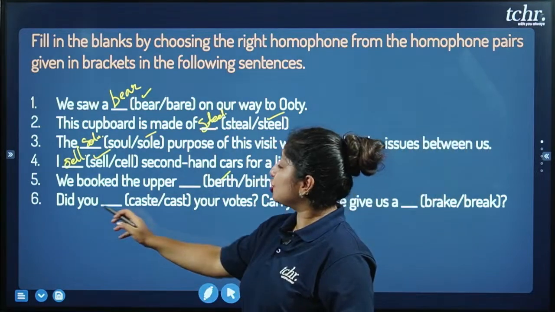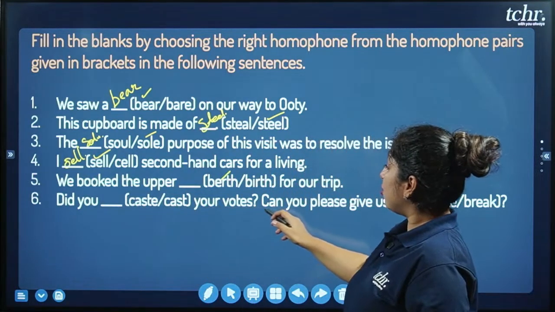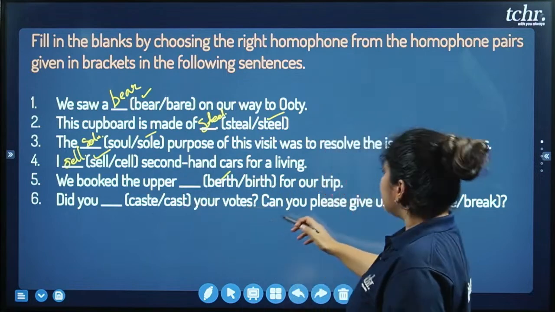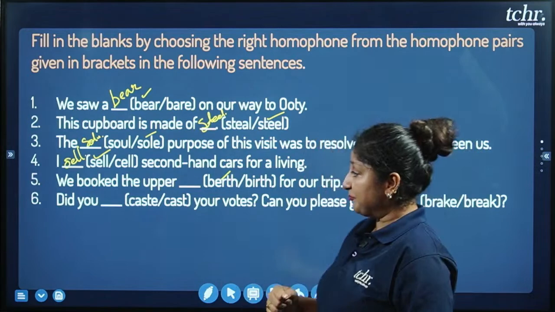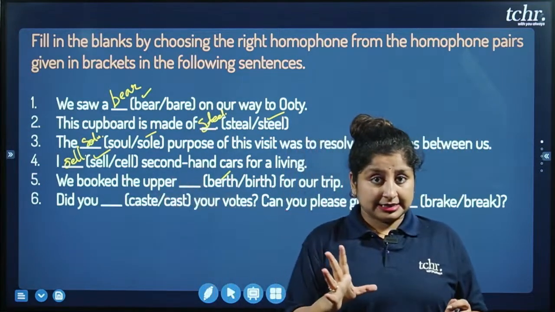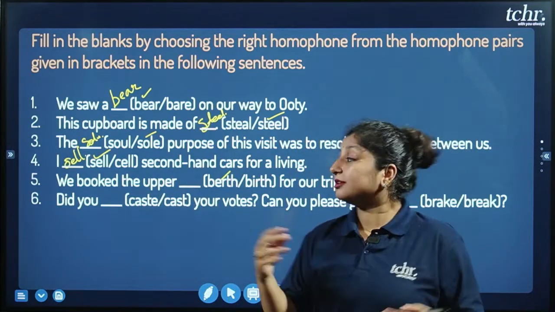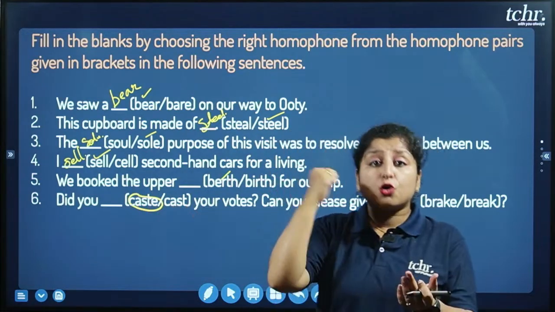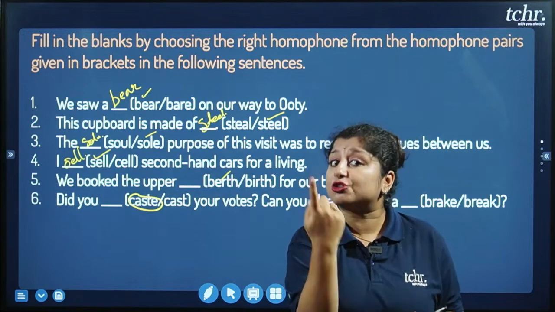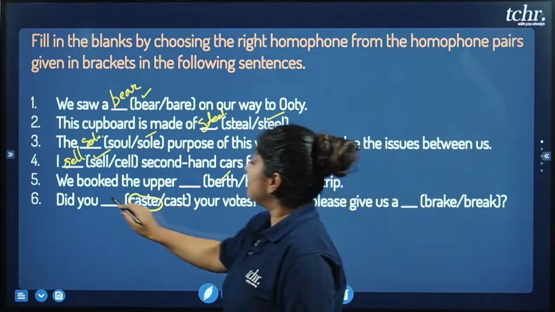Next one, did you cast your votes? Can you please give us a dash break? Now, caste is jati, C-A-S-T-E. C-A-S-T, did you go vote? Did you cast your vote? So it is going to be cast.